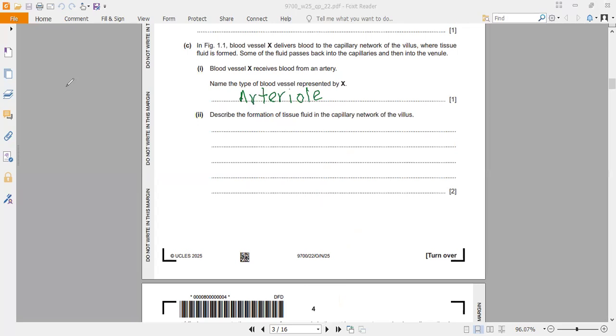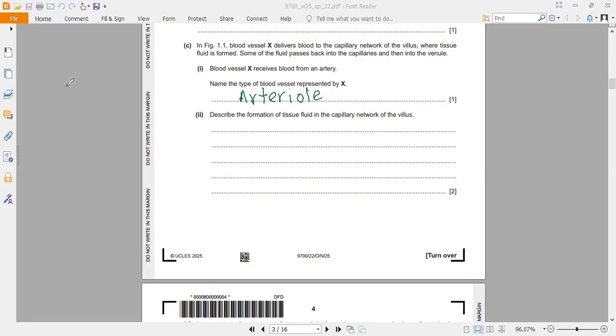Now the next part, second part of the question, part C: describe the formation of tissue fluid in the capillary network of the villus. Tissue fluid is formed through a process of pressure filtration. So we have to describe its formation. So how is it formed?